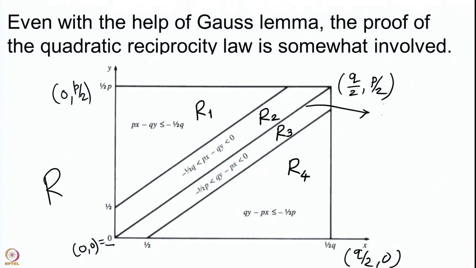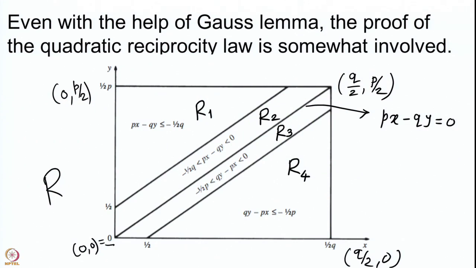So, you can easily see that this line is given by px minus qy equal to 0. Of course, this is a line passing through 0. So, this is a linear subspace and so the constant term has to be 0. 0 0 belongs to it. So, the constant term is 0 and the slope can be appropriately counted because you know one non-zero point on this line.